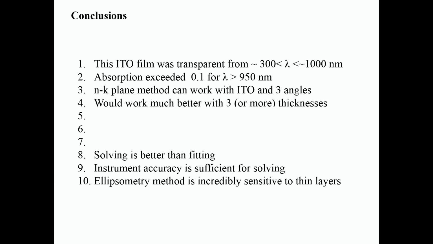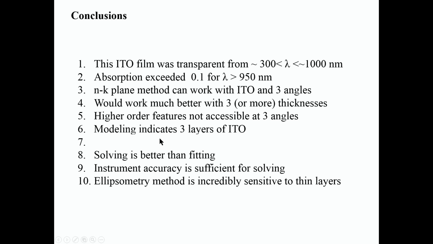It would be better if we had films of varying thicknesses. We'd have more information. Good. Higher order features were just not accessible, and it shows that we have at least 2 or 3 layers of ITO. And that's it.